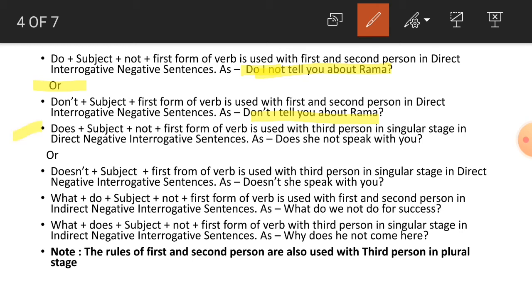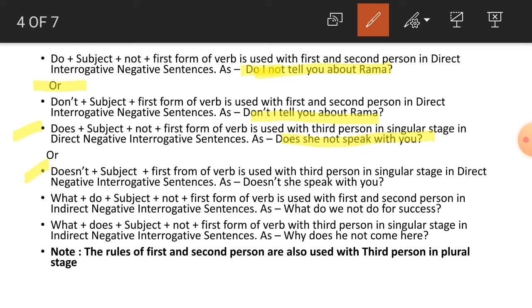Next is does plus subject plus not plus first form of verb, used with third person in singular stage in direct negative interrogative sentences, as does she not speak with you? Yes, here is only the change of a helping verb. The helping verb is does because the subject of this sentence is she. It means third person.